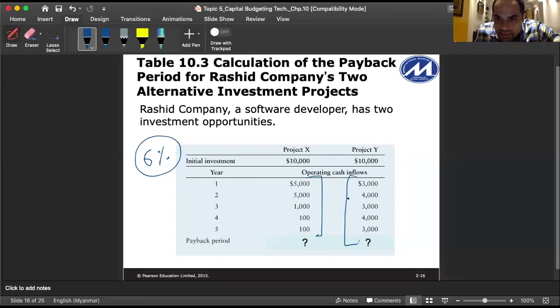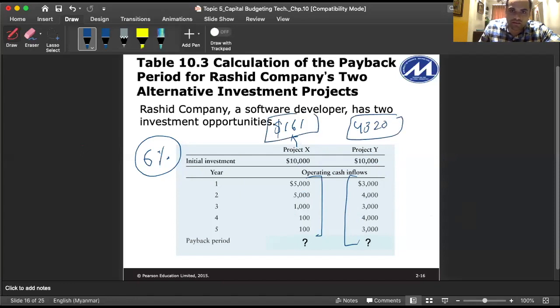Some of you already calculated Project X as 161 dollars, and Project Y is 4,320. It's a big difference, not a close one. Yes, because here is the small value.